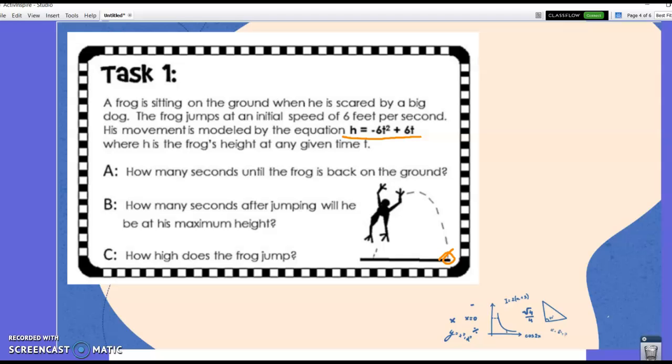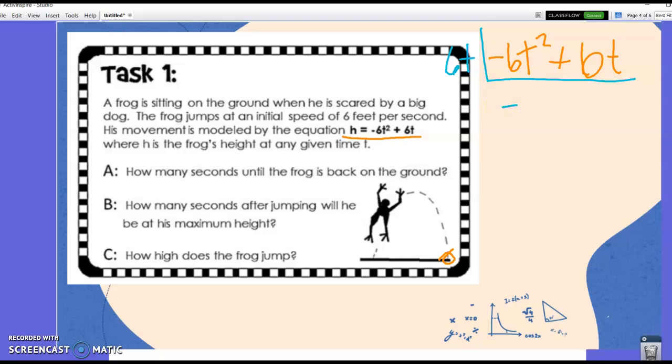Since I don't have a C value, I don't have a y-intercept, I can actually just GCF it out. If it's -6t squared plus 6t, what can factor out of that? A 6 and a t. So I'm going to take out a 6t from each part.